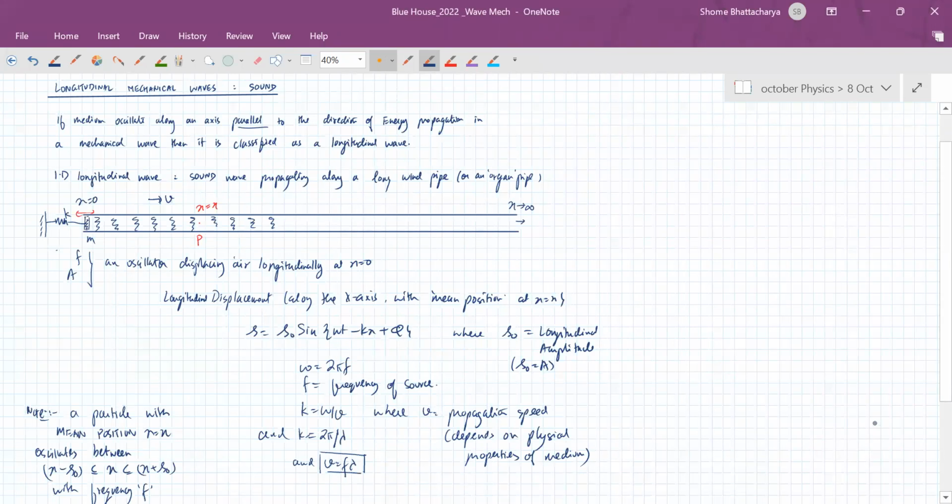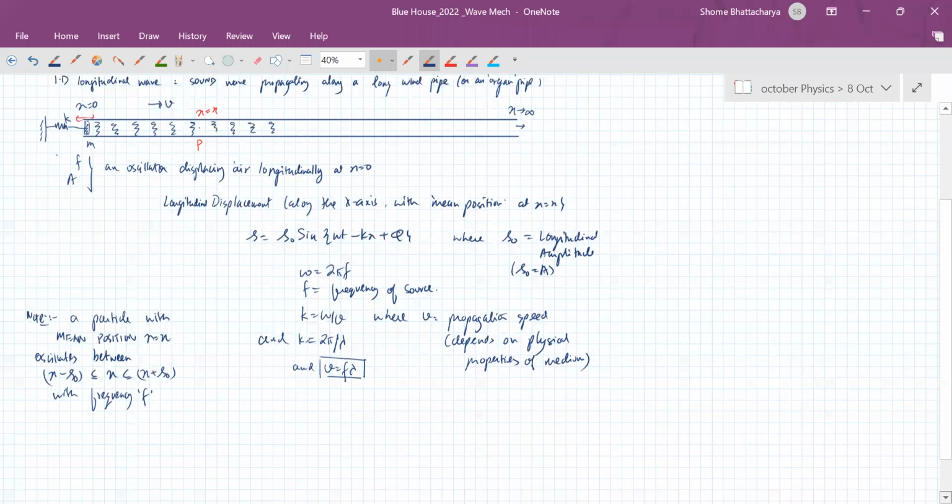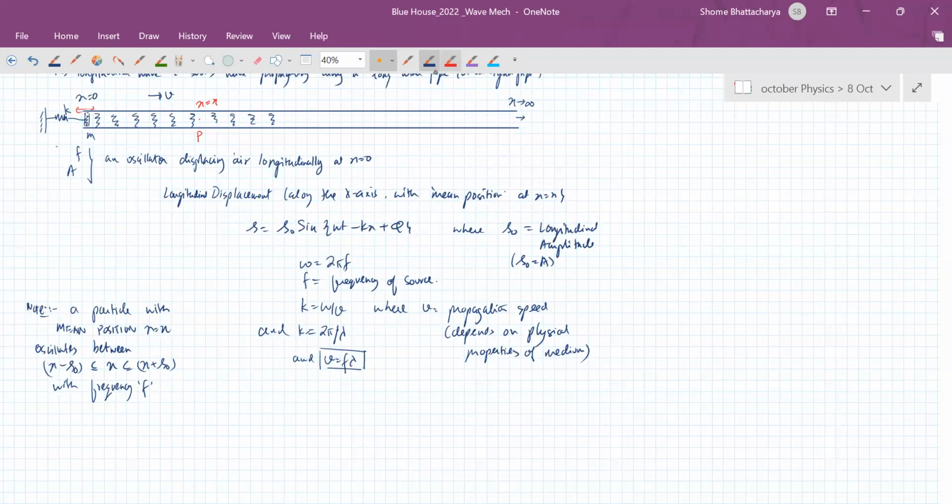Okay, so next we'll understand how exactly the wave propagation speed depends on the medium properties.